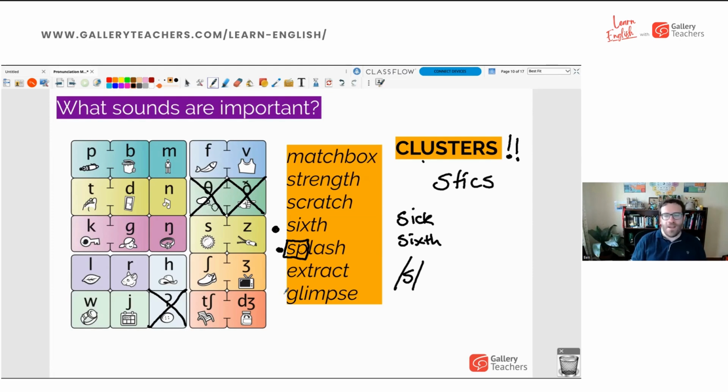Okay. So, Sarah, let's think about this word and this word and this word. Okay. So, Sarah, here in the first one, the S sounds like a Z, right?